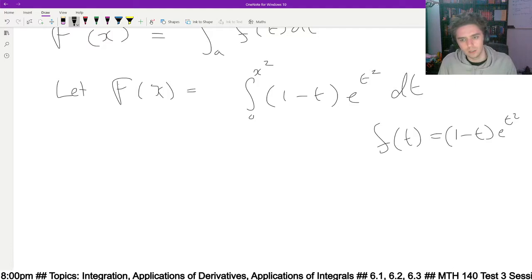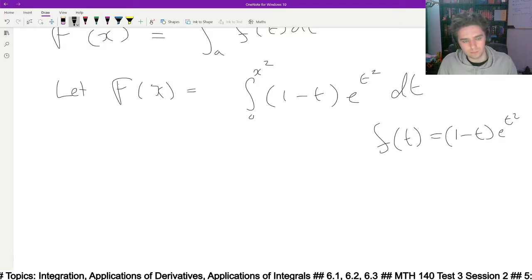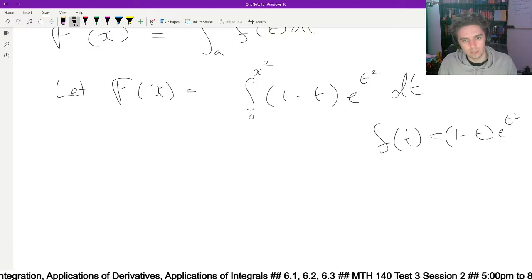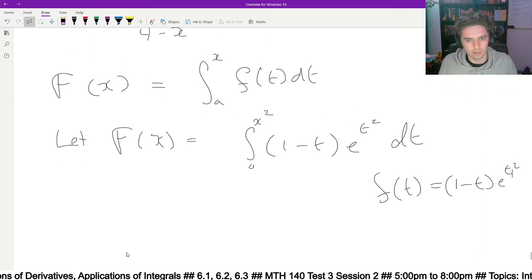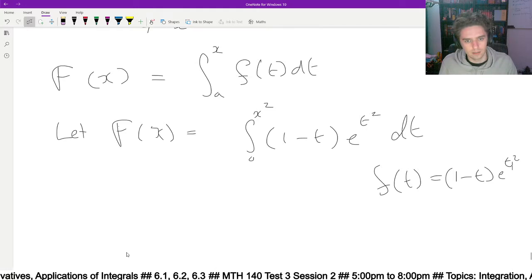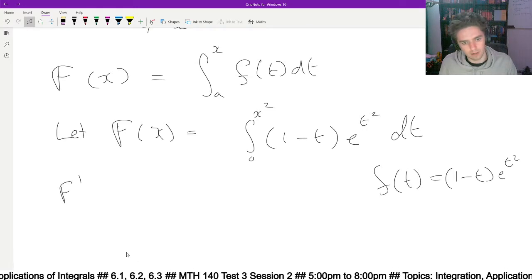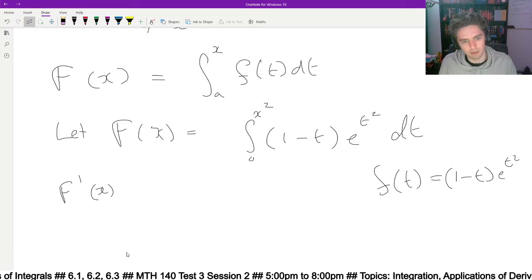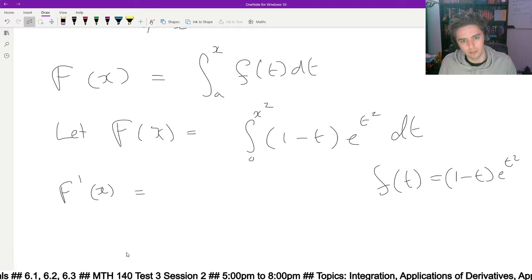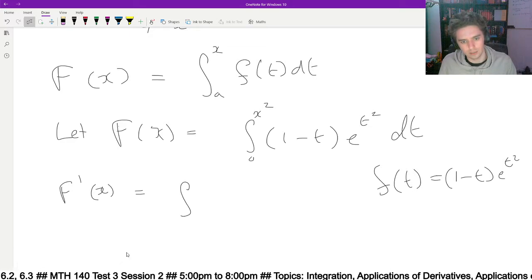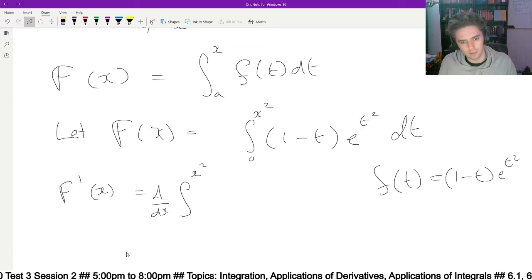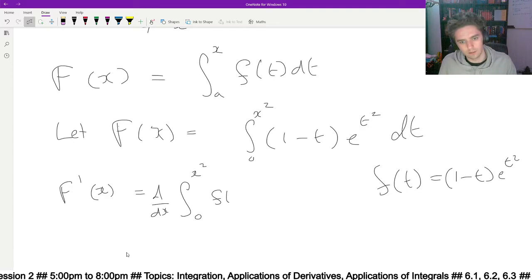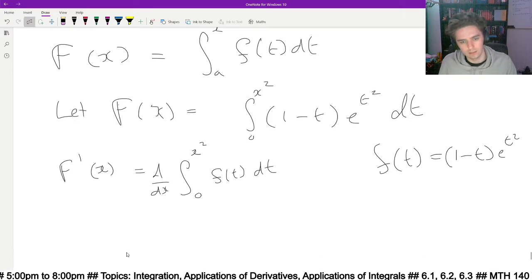Right? So what this is saying is that the derivative, big F prime of x, is going to be d by dx of the integral from 0 to x squared of f of t dt, right?